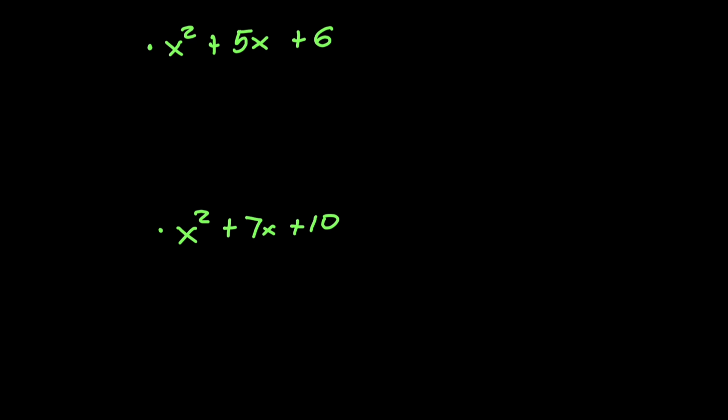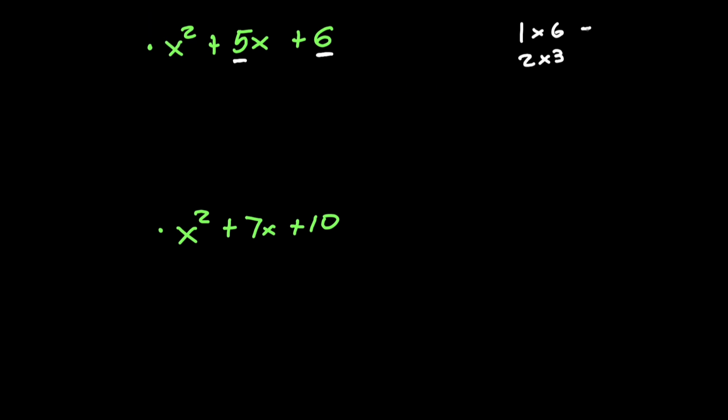So now what we're going to do here is to find factors of 6 that add to 5. Factors of 6 would be 1 times 6, 2 times 3, and so on, and now, which of these will add to 5?